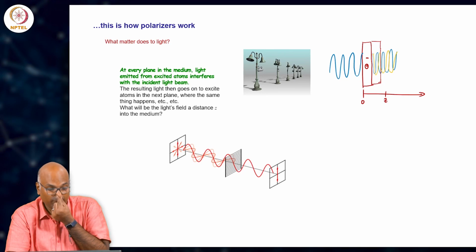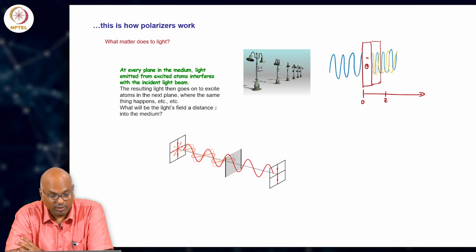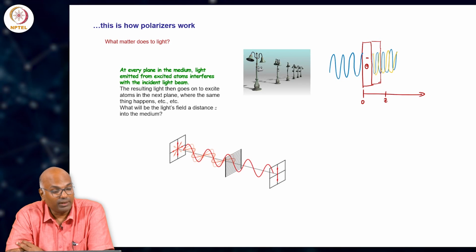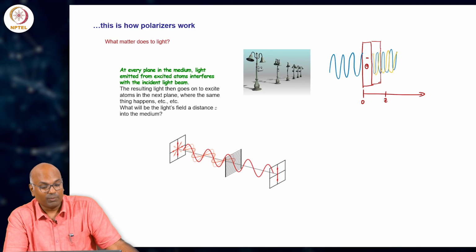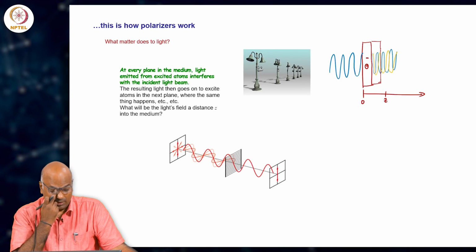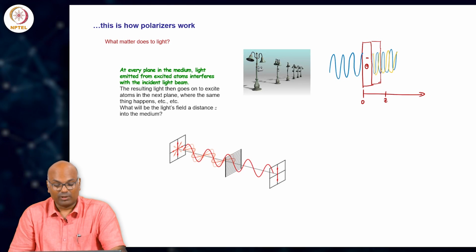If you think it is a puzzle that we are adding the incident field and the emitted field at every point in this case, consider this scenario of how polarizers work.